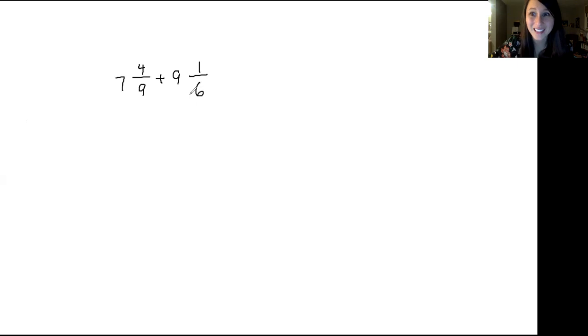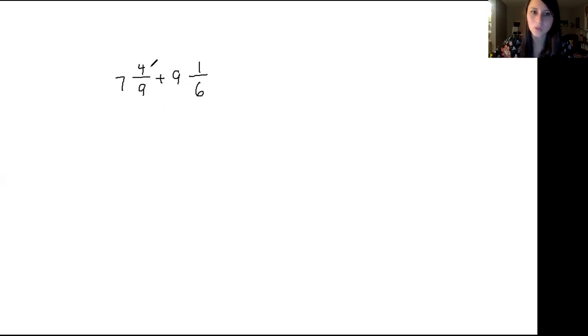Okay, number 13. 7 4/9 plus 9 1/6. Okay, so 9 and 6, I think 18 goes into both. So instead of multiplying everything by 6 over 6 and 9 over 9 over here, I'm going to think of a smaller number that both can be divided by, and 18 works for me.